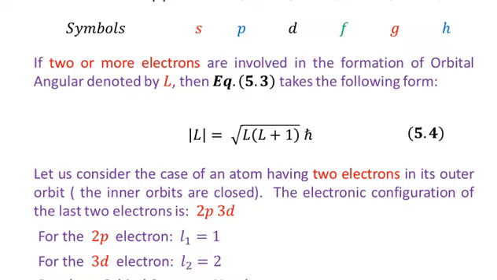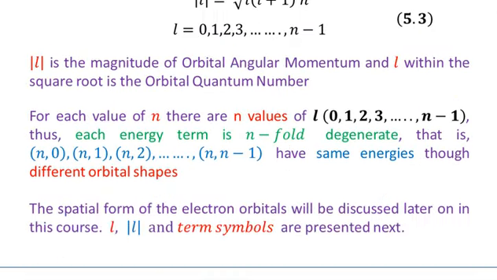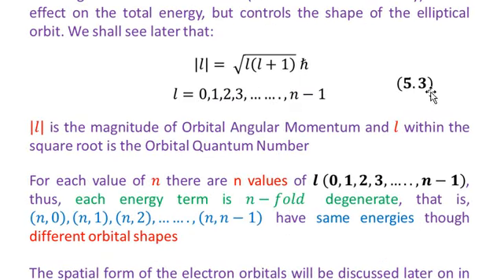You see that in the previous equation, equation number 5.3, we have used small alphabets to represent the orbital quantum number l and the magnitude of the orbital angular momentum |l|.